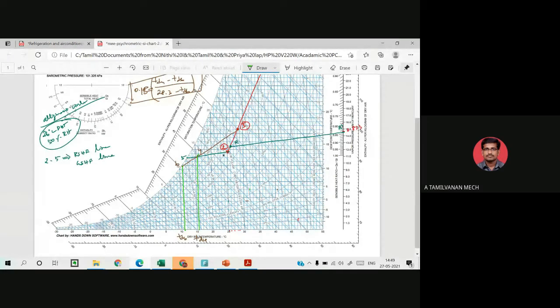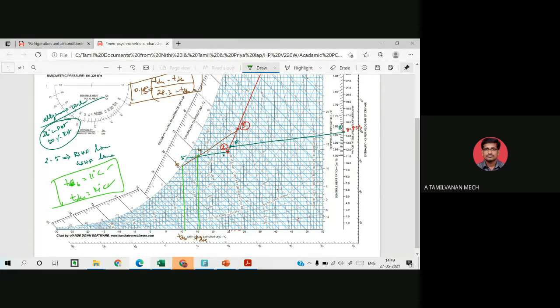From the problem, TD6 is equal to 11 degrees Celsius and TD4 is equal to 14 degrees Celsius. I may not find exactly 14, it may come out as 15 or so. If you use a psychrometric chart with proper scale, you will get the exact values of 11 and 14 degrees Celsius. So this is an important criterion in the psychrometric chart for finding points 4 and 6 with the help of the bypass factor.